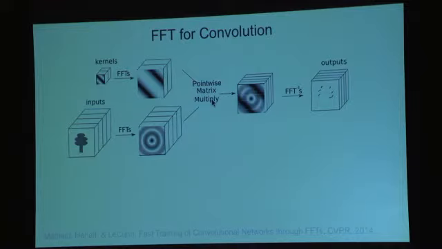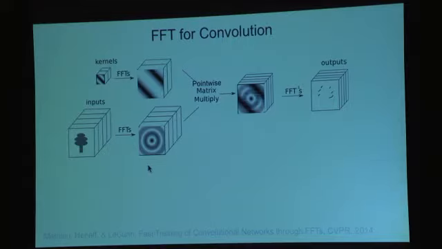But the thing that really makes this work is the fact that I'm not doing it once, right? Let's look at the inputs, because they're the ones I'll be doing over and over again. For each of these inputs, I have to compute not 1 output channel, but say 256 output channels. So if I pay the n log n computation to apply an FFT to each input image, I get to reuse that transformed input image 256 times, once for each output image.